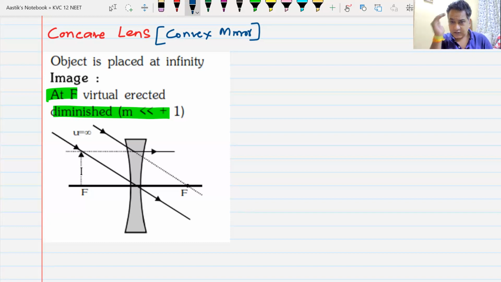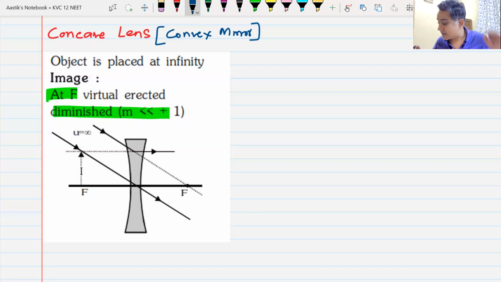For a mirror, real image is on the same side as the object. For a lens, real image is on the opposite side. Do we understand this?